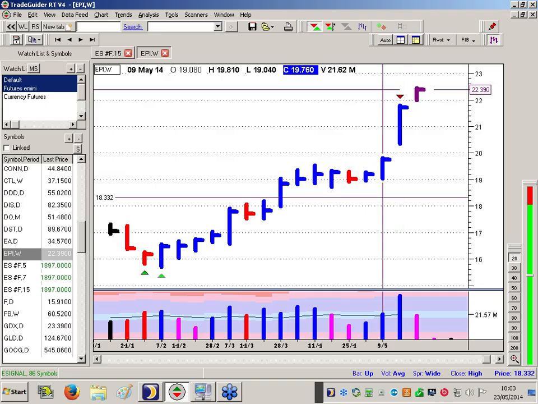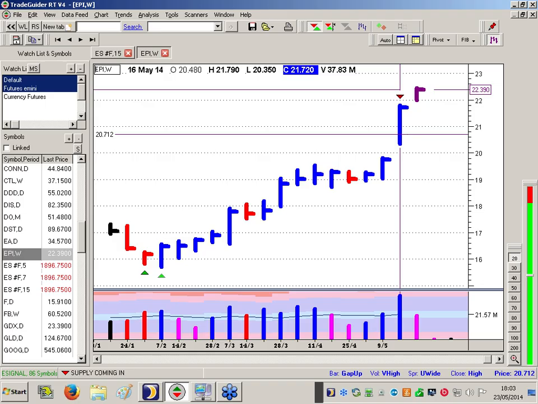Okay, it's a weekly chart. There's definitely supply there, look. There could be a certain amount of absorption volume, look, as it pushes up through here.